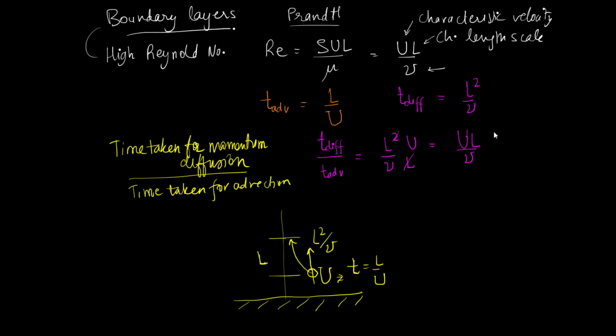If the Reynolds number is very large, it means that the time taken for diffusion is quite large. It takes more time to diffuse than to advect.